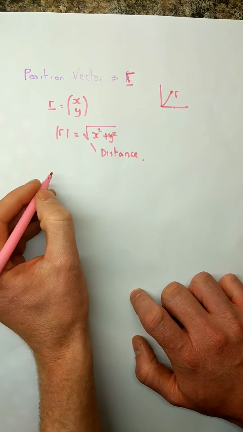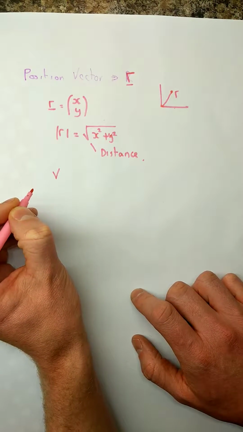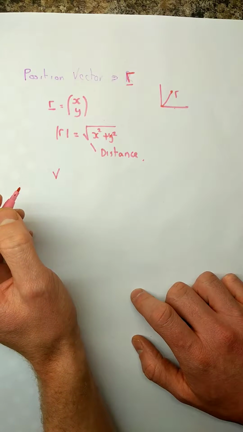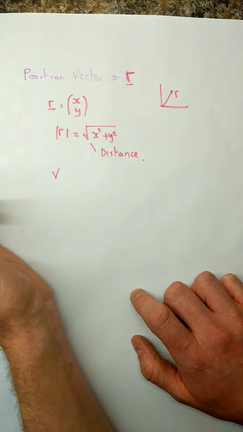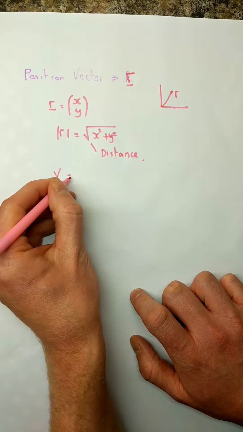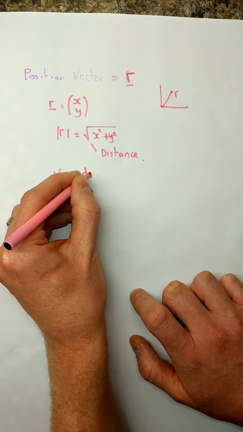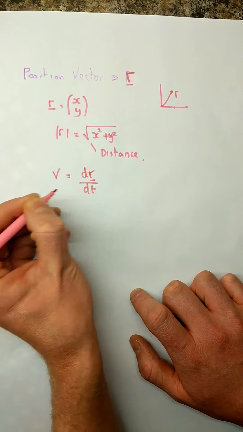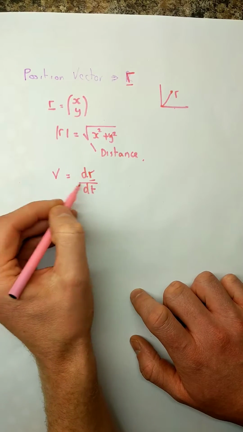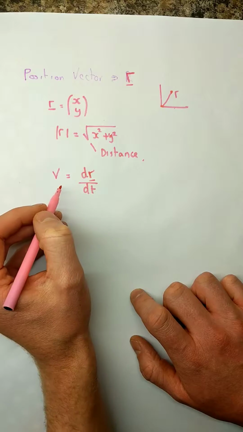If we now look at velocity, we know from our speed, distance, time graphs that velocity is the change in the position over time. How we would write that mathematically is the small change in the position over time, and this gives us the velocity.